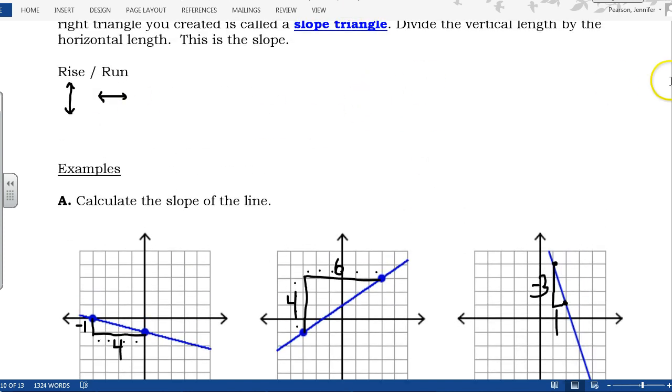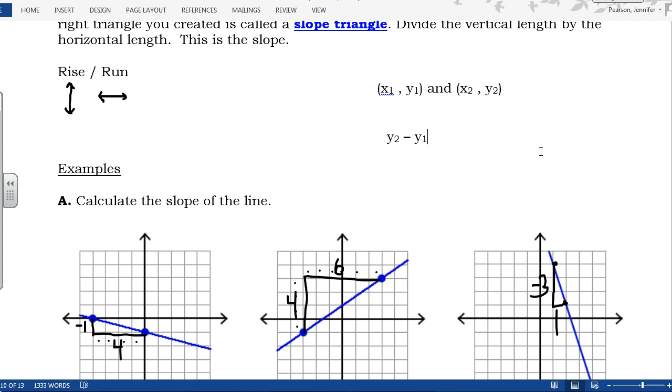So given two coordinates, x1 and y1, and x2, y2, the formula for slope is y2 minus y1 in the numerator.